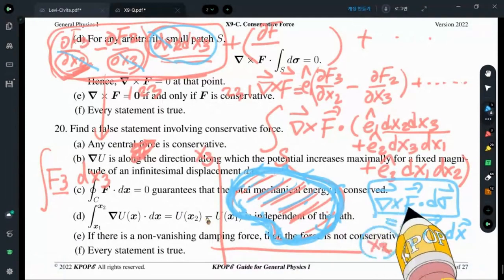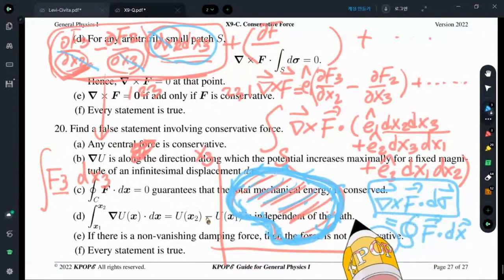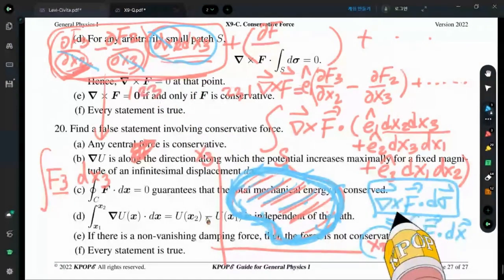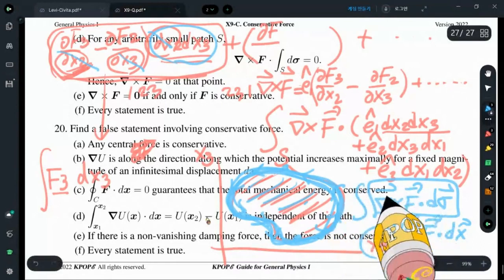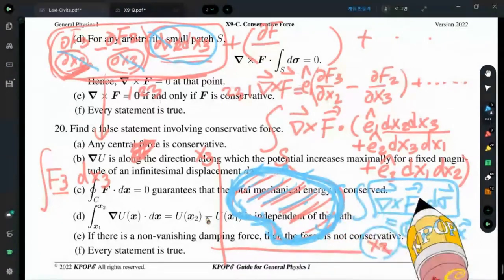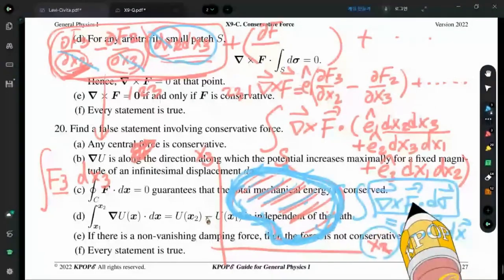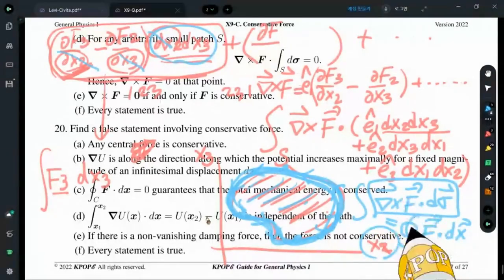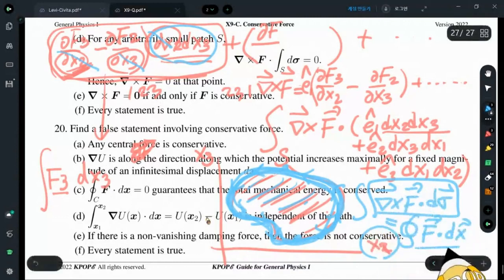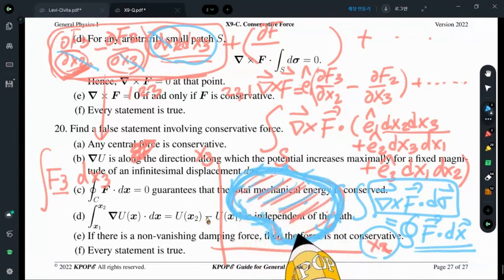So according to this Stokes theorem, if a force is irrotational, that means this curl is vanishing. So you do this integral, and it is zero everywhere. But according to Stokes theorem, this zero is the same as the line integral along a closed path.